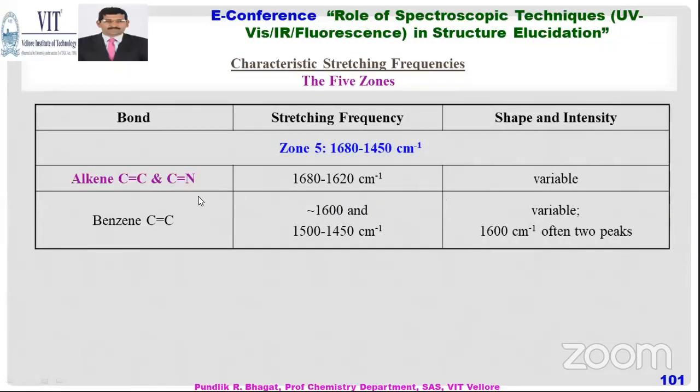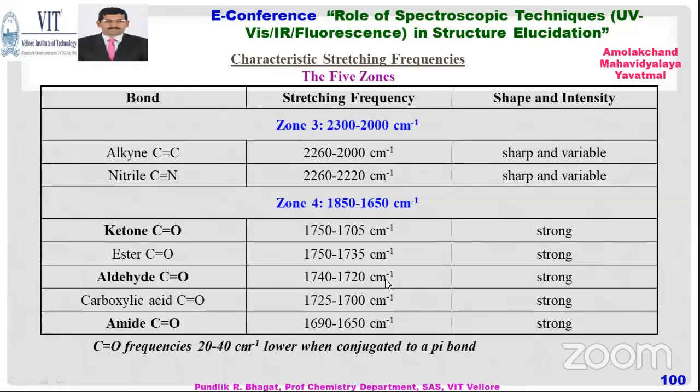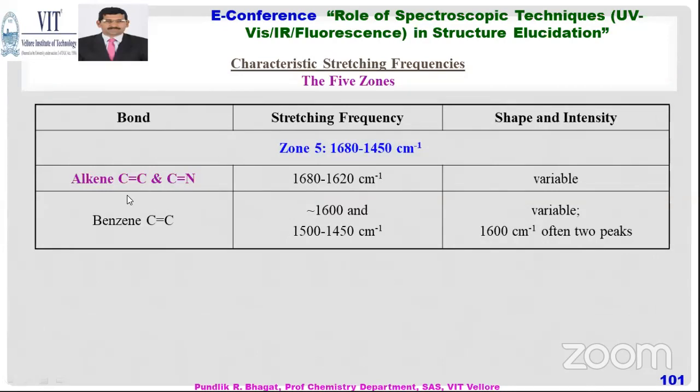And last, which I mentioned here, the carbon-carbon and carbon-nitrogen bonds, and here the benzene ring again 1450 to 1650, you can remember. And here again I did not mention the carbon-oxygen bond.